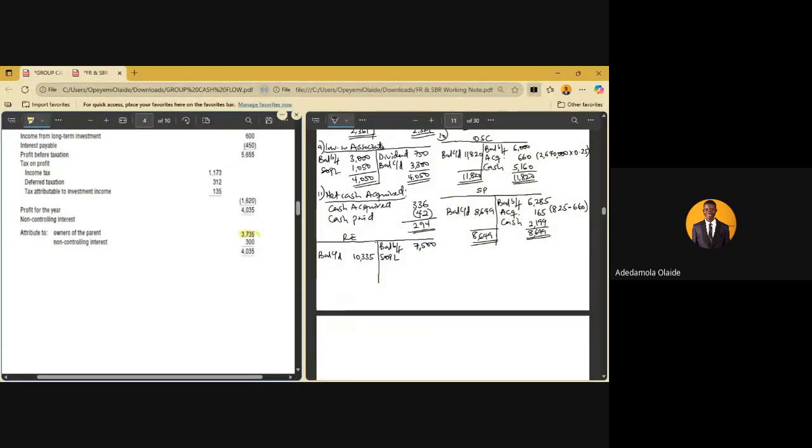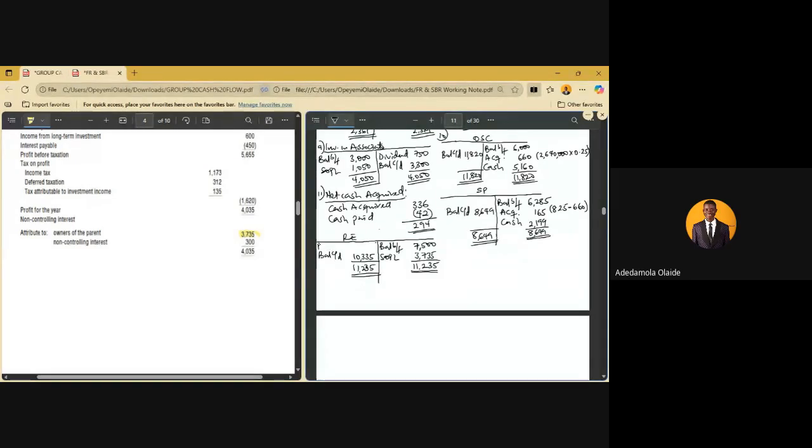You can't take profit for the year because it includes the NCI portion and the share of the associate portion. 3735. In total that gives 11,235. If this is supposed to be 11,235, the difference is 900.